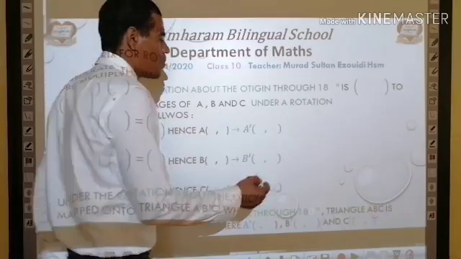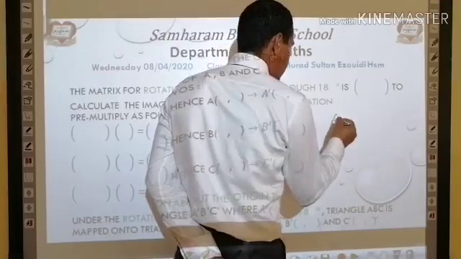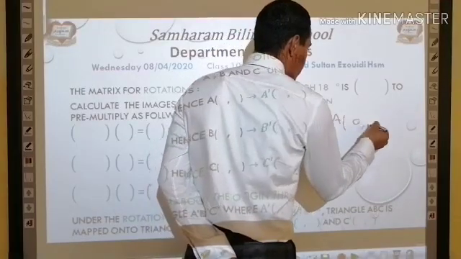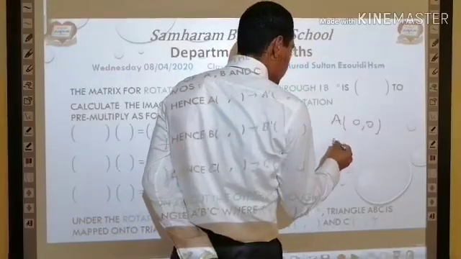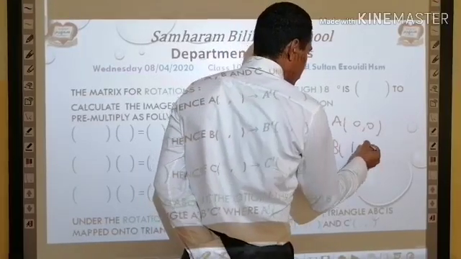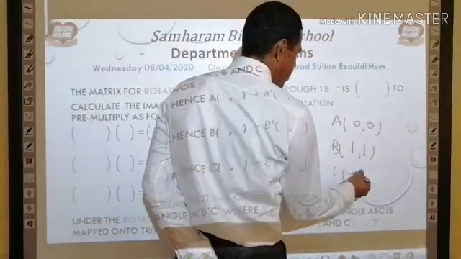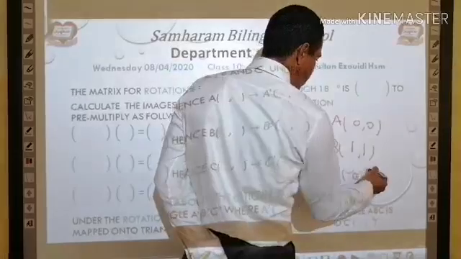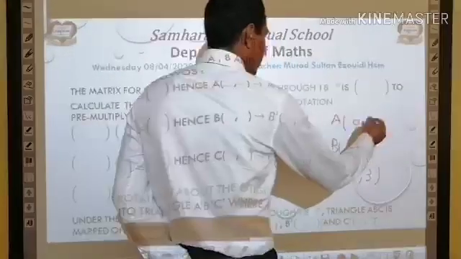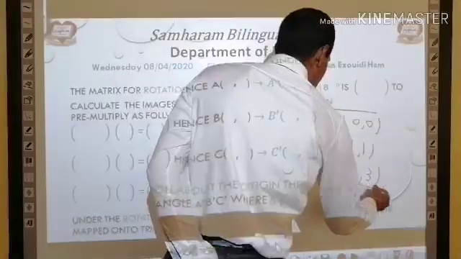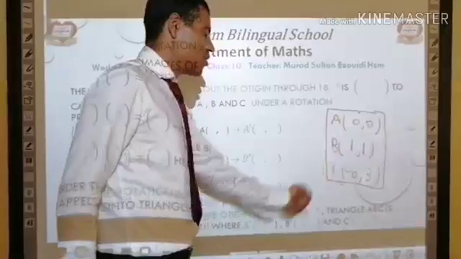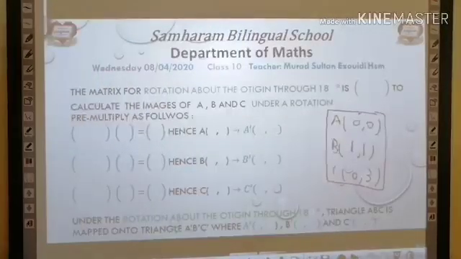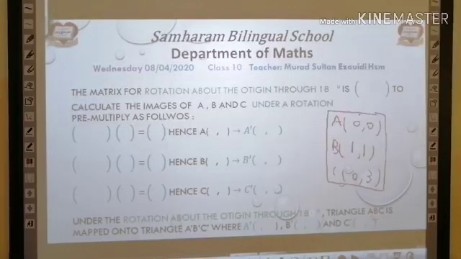For example, now the points are A with coordinates 0, 0, B with coordinates 1, 1, and C with coordinates 0, 3. I will try to transform these points in the rotation of 180 degrees about the origin.